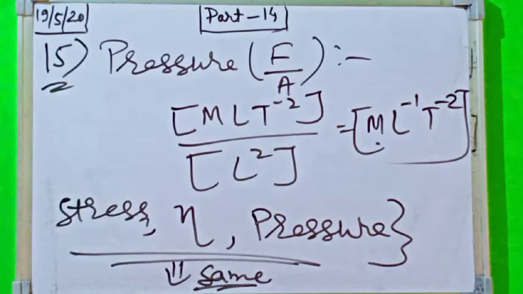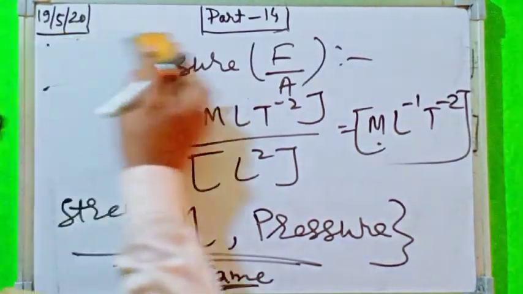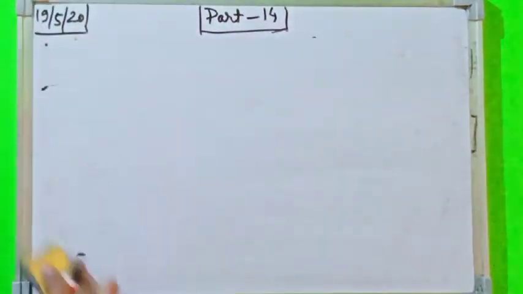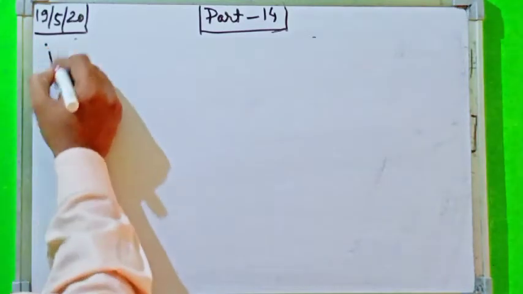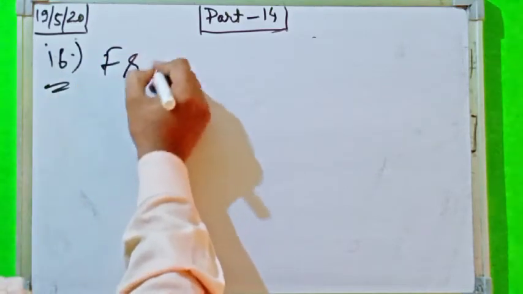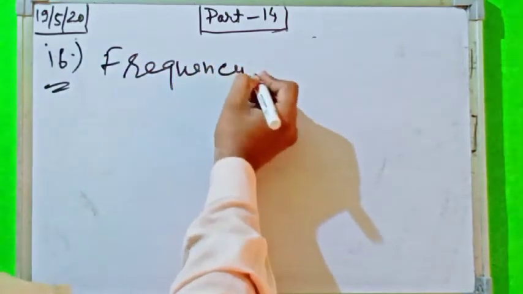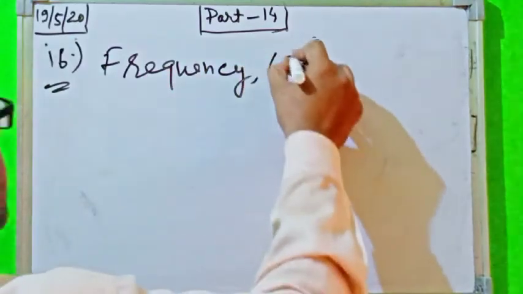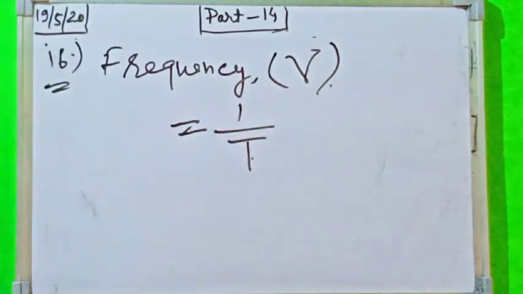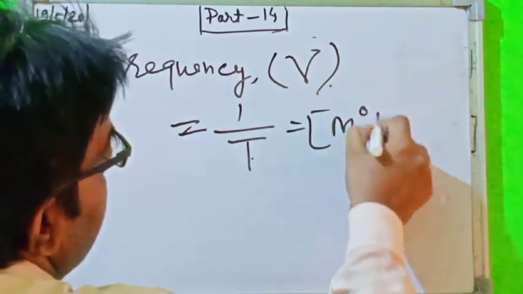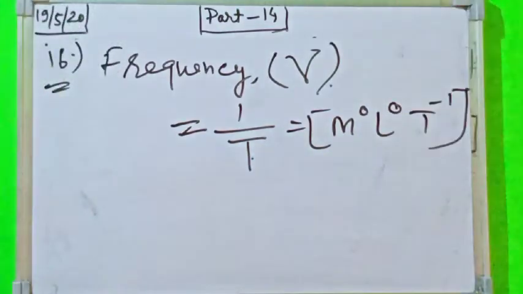Now frequency and angular velocity. Frequency is denoted by nu and is given as 1 upon time period. 1 upon time period means its dimensional formula will be M0 L0 T^-1.